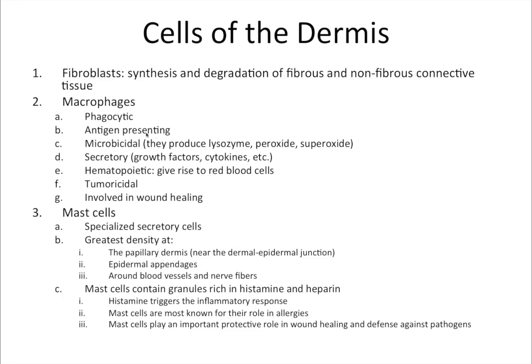They're an antigen presenting cell, which means that they can cleave a small peptide portion off of a foreign pathogen, like a virus, or even maybe off of a bacterial cell, and then they can present that antigen to lymphocytes of the immune system.